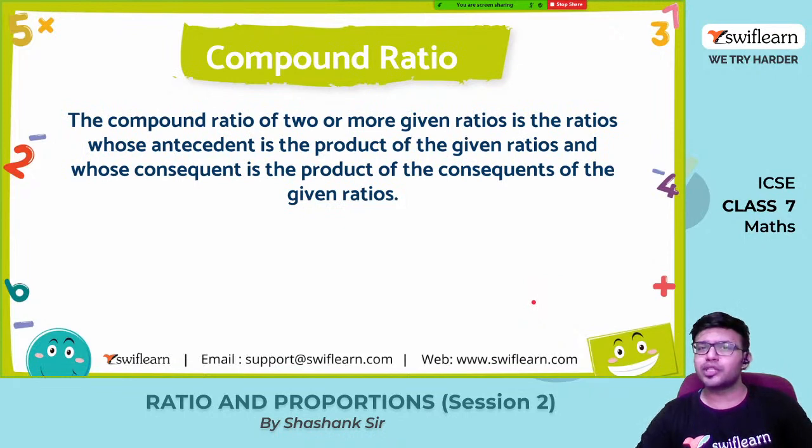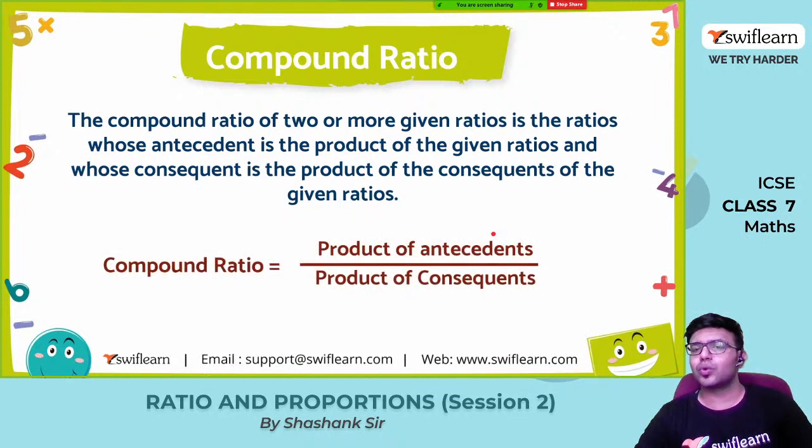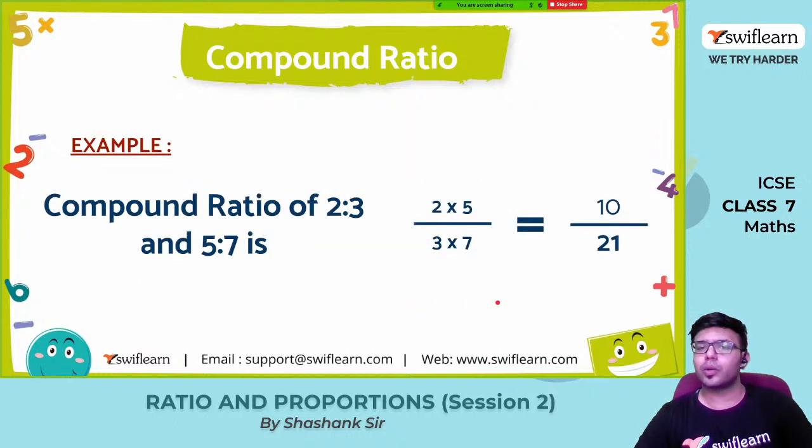The compound ratio of two or more given ratios is the ratio whose antecedent is the product of the antecedents of the given ratios, and the consequent is the product of the consequents of the given ratios. So write this formula if you want. Compound ratio is product of antecedents to product of consequents.